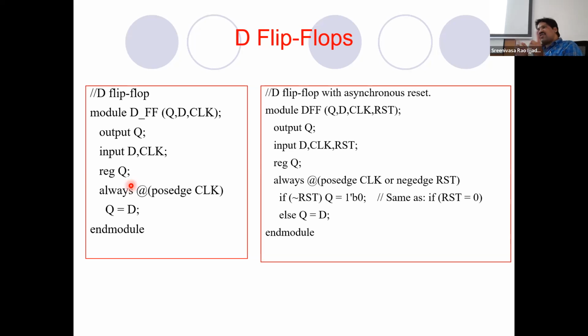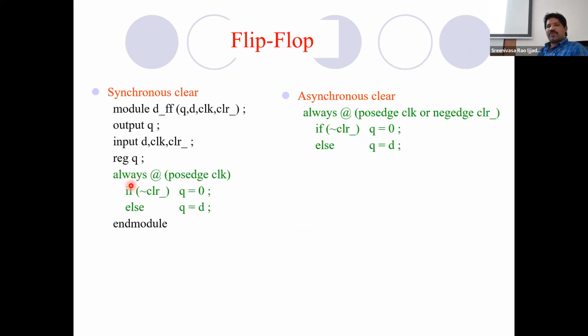So what is the difference between the clear and the reset? Which one is of highest importance? Earlier, here you talk about the clear. The clear may be synchronous clear and asynchronous clear. I already told you, in asynchronous mode, we must include the signals, since more signals in the sensitivity list.